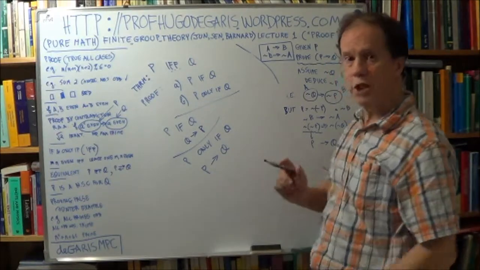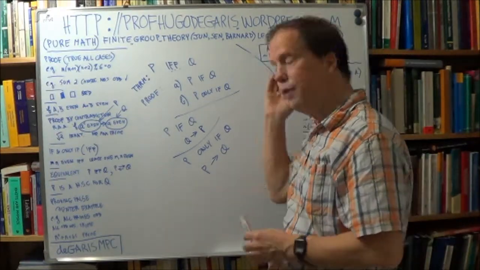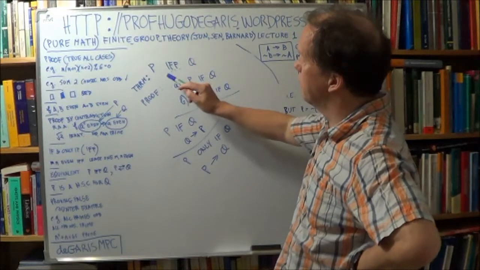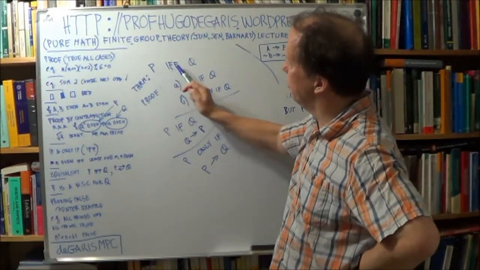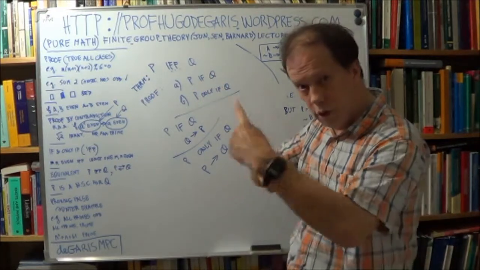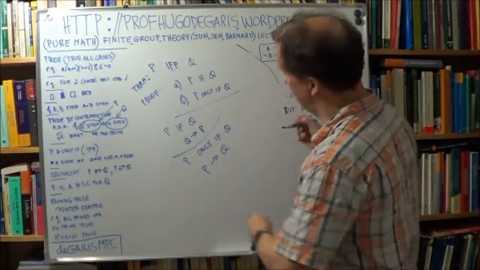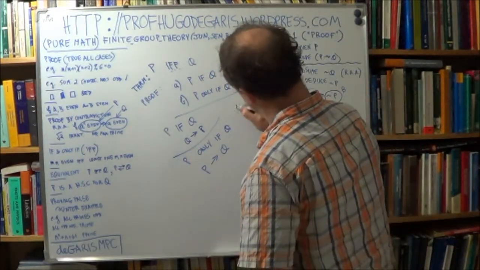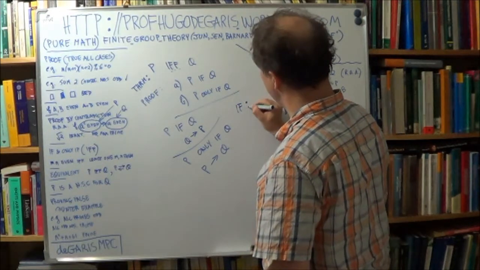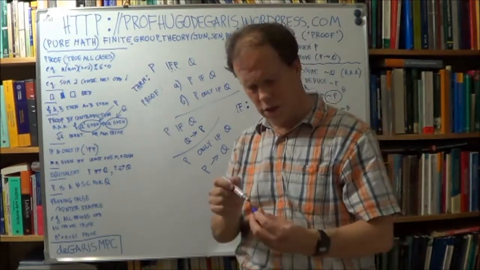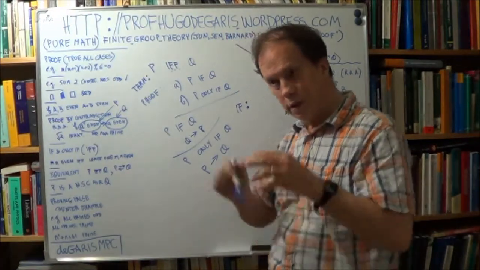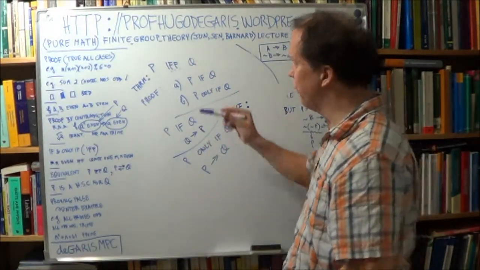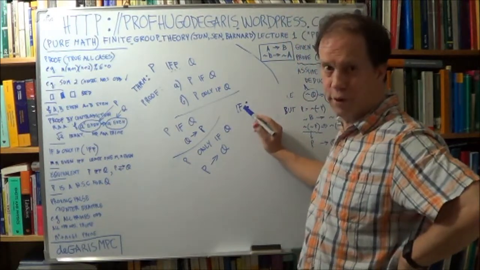Right? Now the convention is, when you're asked to prove P if and only if Q, you have to do two things. You prove the if statement. By convention, it's pretty much a custom in pure mathematics, when giving an IFF proof, that you start with the if case first.